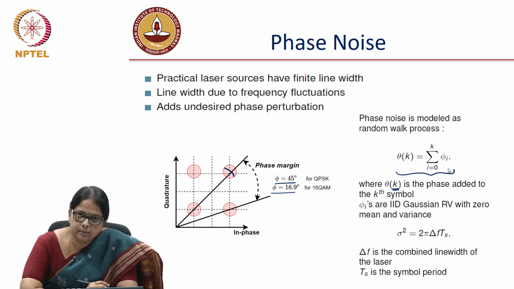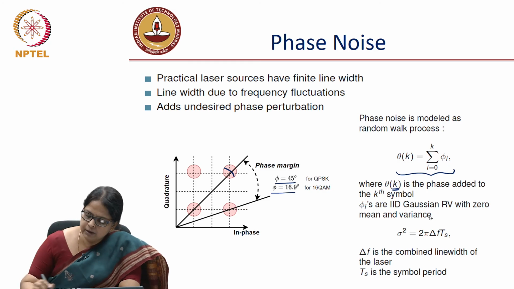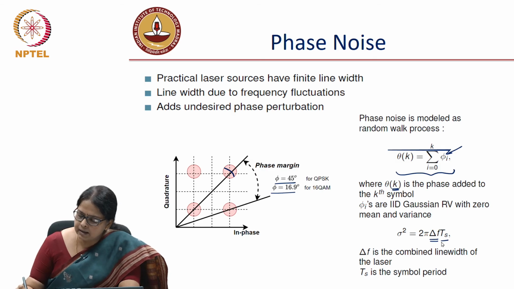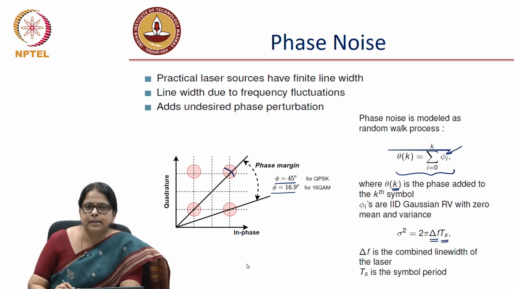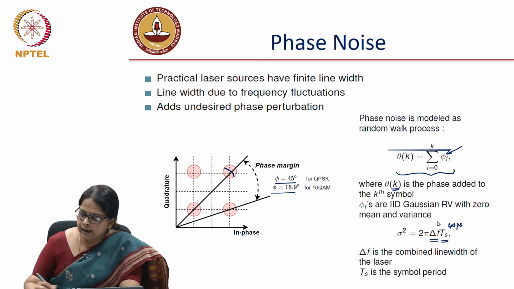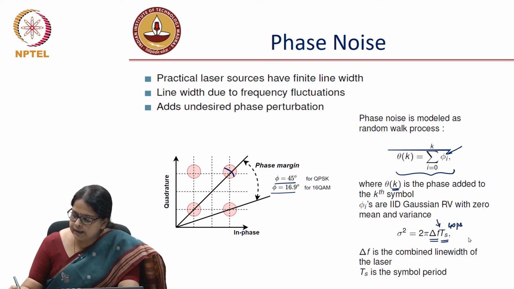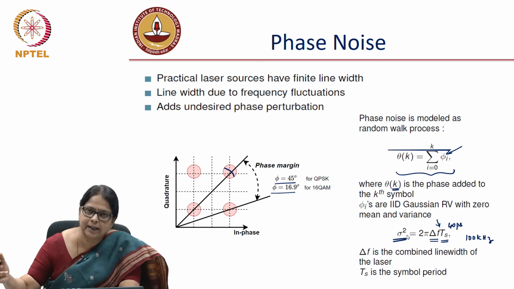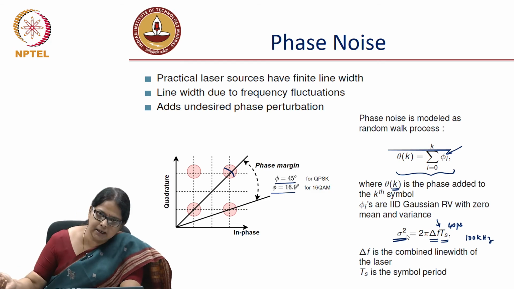It is a Gaussian random variable with 0 mean, and the variance of this random variable is decided by your line width and the symbol duration. So, for a symbol duration of 40 picoseconds and a delta f of, let us say, 100 kilohertz, you can calculate the variance of the random variable that needs to get generated. So, you generate that random variable.